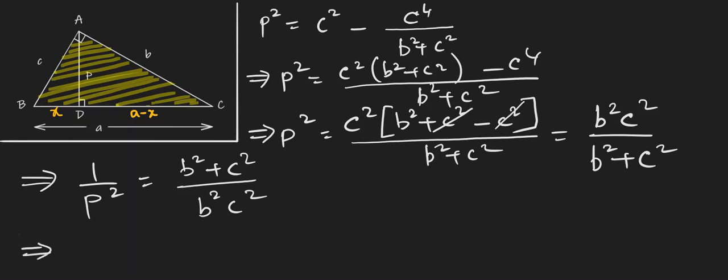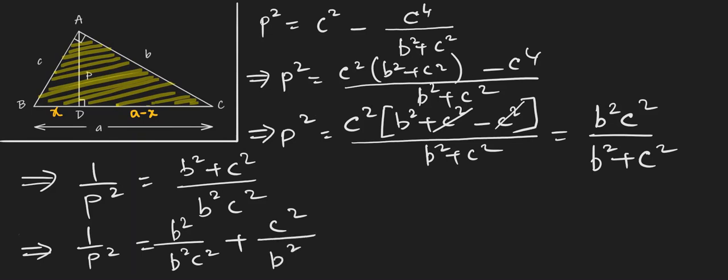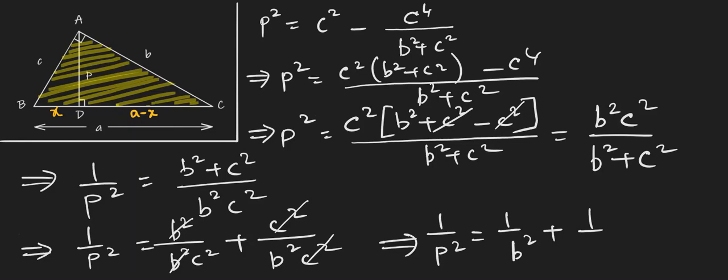That is equal to 1 over P square is equal to B square divided by B square C square plus C square divided by B square C square. C square cancels, B square cancels. So that implies 1 over P square is equal to 1 over B square plus 1 over C square. Proved.